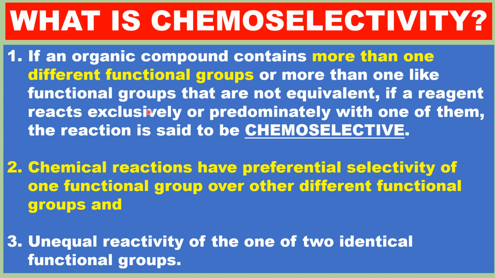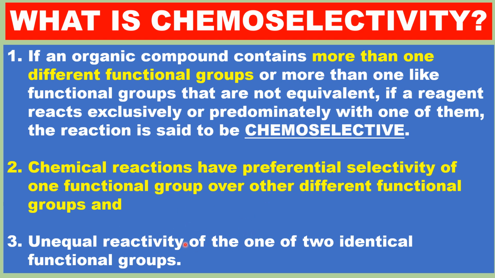Or in other words, chemical reactions have preferential selectivity towards one functional group over a different functional group. You may have two completely different functional groups, or you may have similar functional groups. We will see with examples.